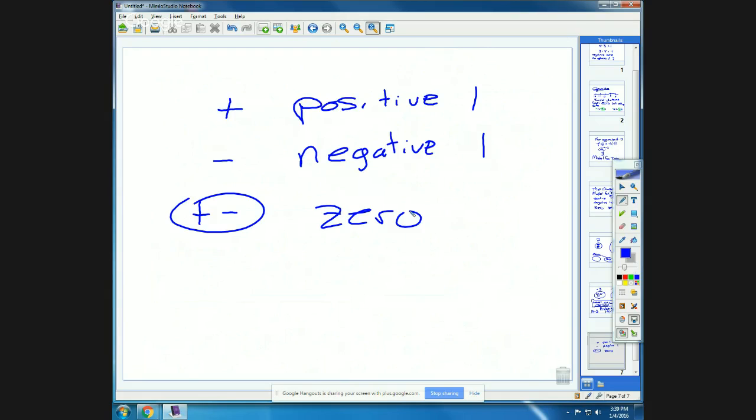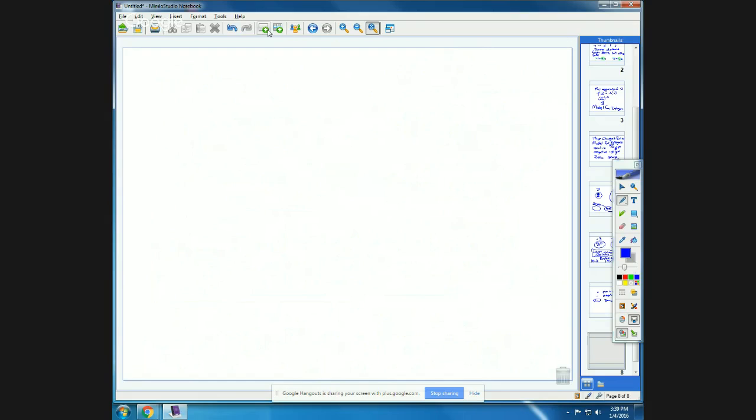So we know what signed numbers are, integers. It's some number of positive chips or negative chips or 0. What does addition mean? Put together. Our set model for addition is put together, or combined.